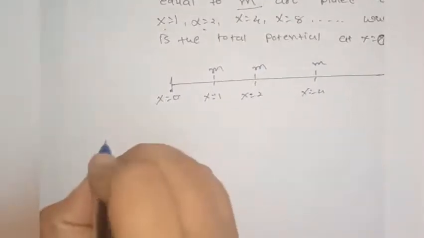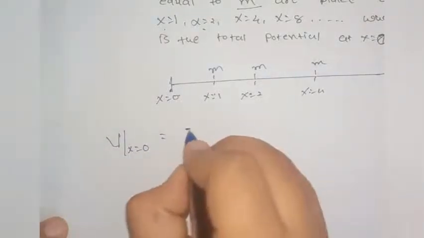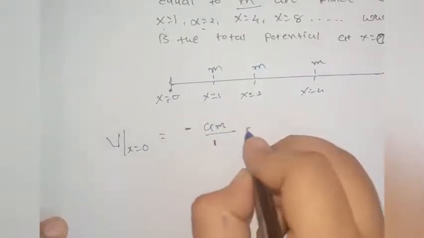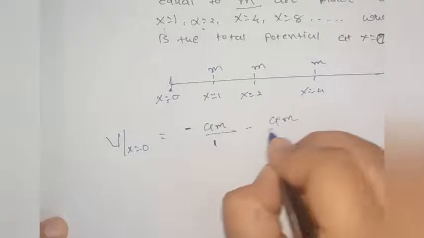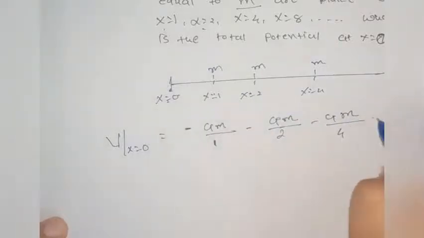So the total potential at point x equals 0 will be minus GM upon distance 1, minus GM upon distance 2, minus GM upon 4, minus GM upon 8 and so on.